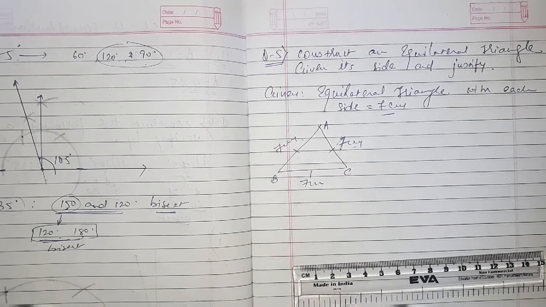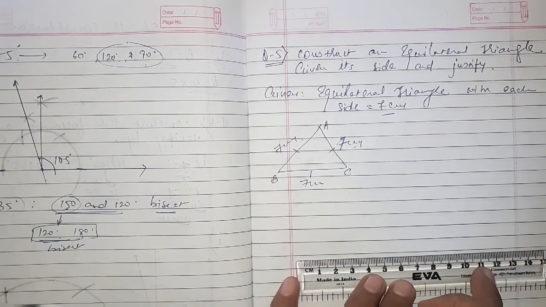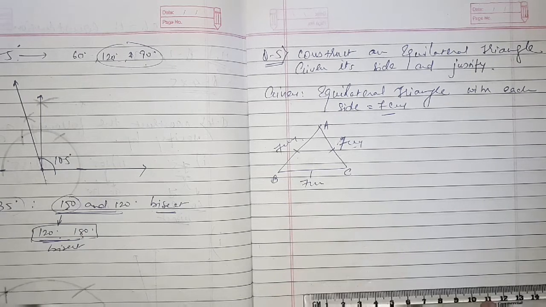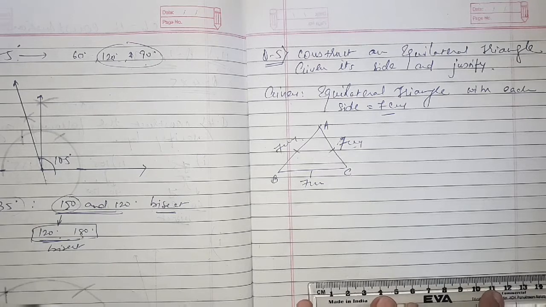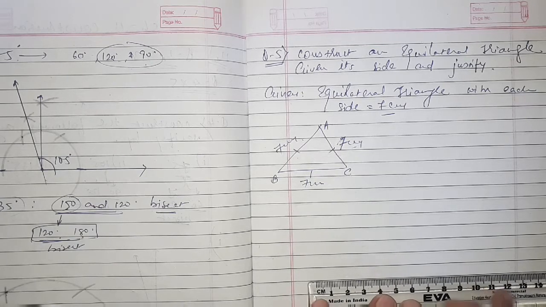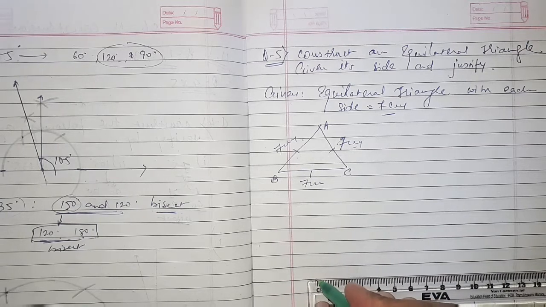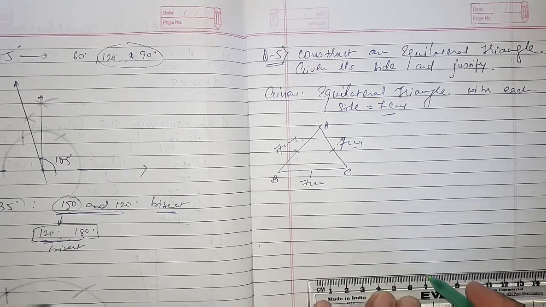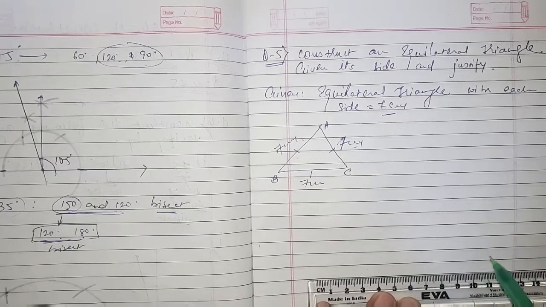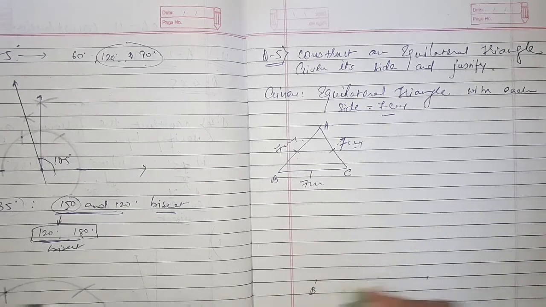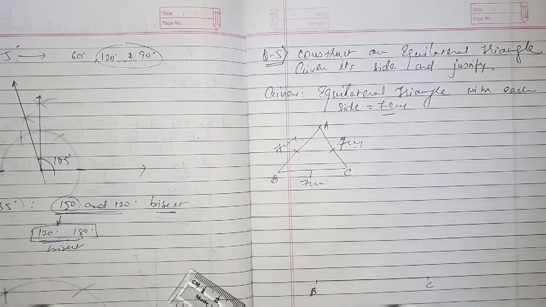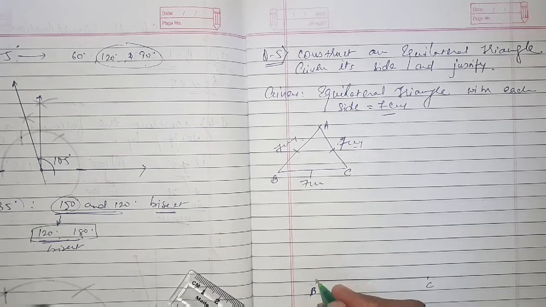So first of all, construct a 7 centimeter base of the triangle. Okay, here my 7 centimeter, B and C, are constructed.